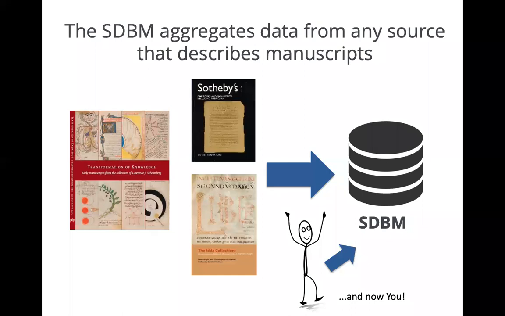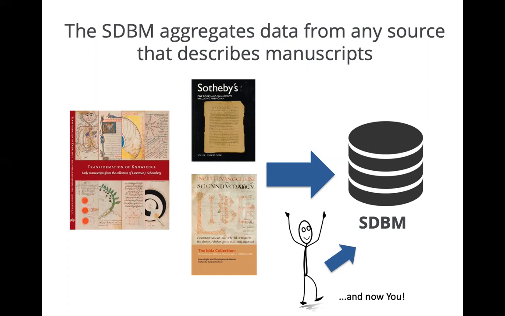But over the past 20 years, we've expanded the sources that we use in the database to include library and institutional catalogs, exhibition catalogs, bookseller websites, Facebook posts, newspaper articles. Anytime a person mentions a manuscript and describes it, we can capture that data and share it with the world. So what we're doing is building a data set that researchers can consult to track the provenance and descriptive history of a manuscript over the course of its existence.